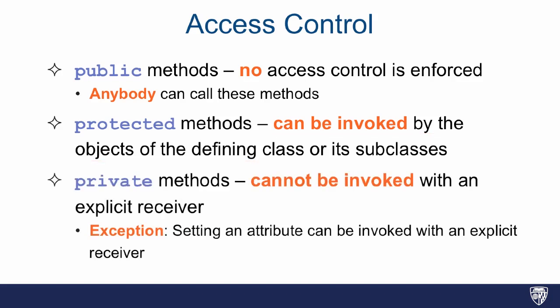And the third level is really interesting. Private methods cannot be invoked with an explicit receiver. So let's say you create an instance of a class, call it person1. You cannot say person1 dot a private method. But not only that, even saying something like self dot private method inside the class itself you cannot do. And there is a minor exception which we'll see in a minute.